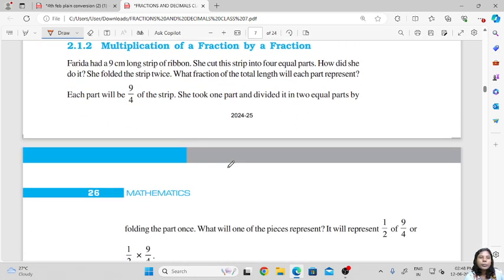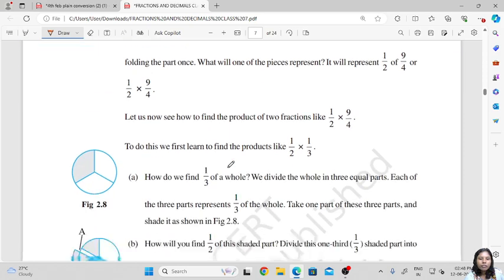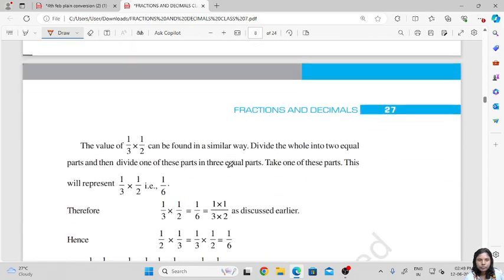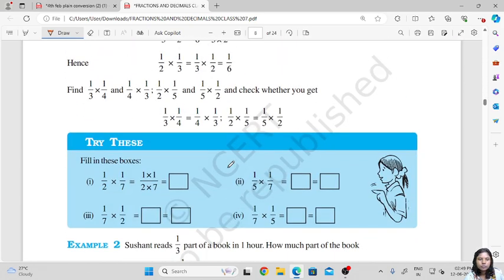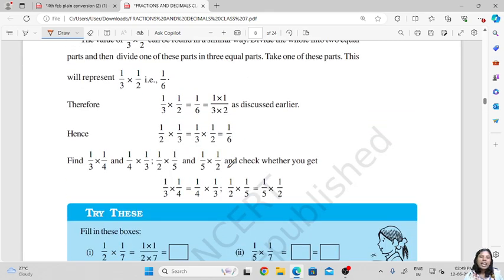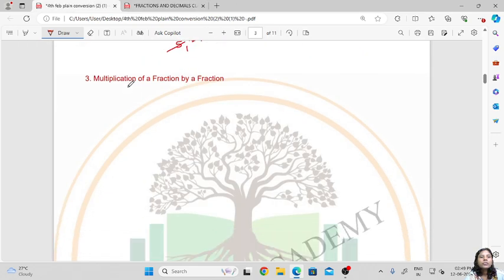So now, multiplication of a fraction by a fraction. When we have multiplication of a fraction by a fraction, what we basically do is, say we have a upon b into a upon b.